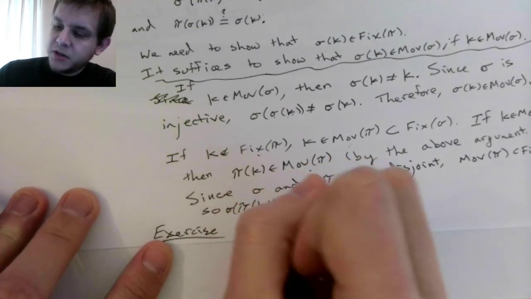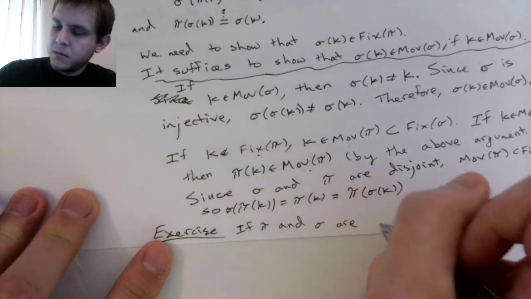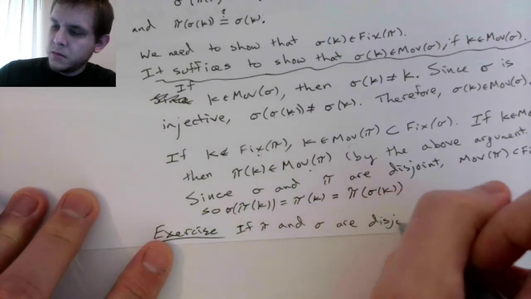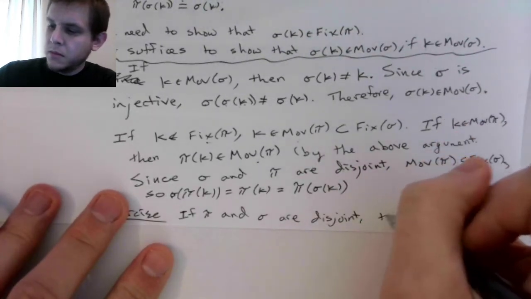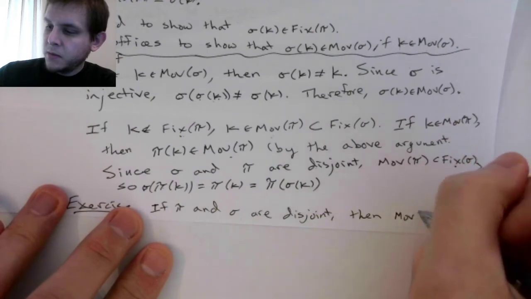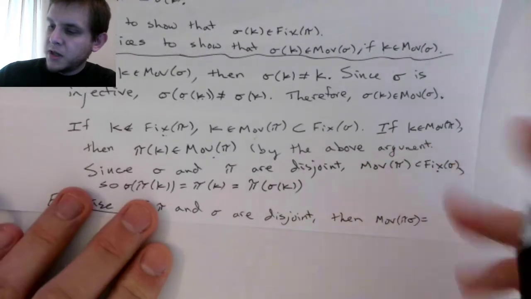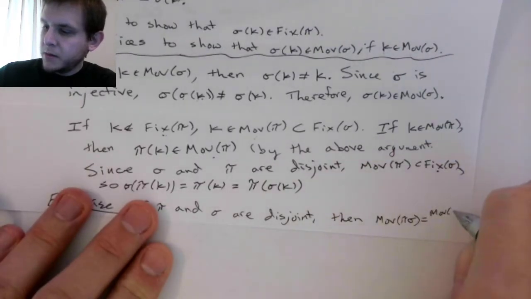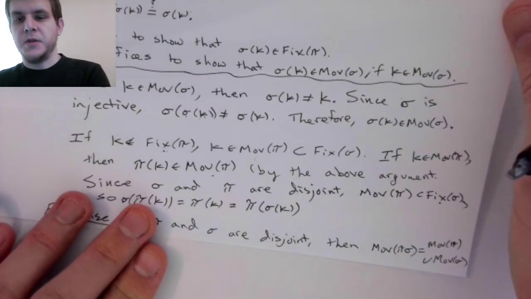If pi and sigma are disjoint, then the moved point set of pi sigma is the moved point set of pi together with the moved point set of sigma. It is the union of these two sets.